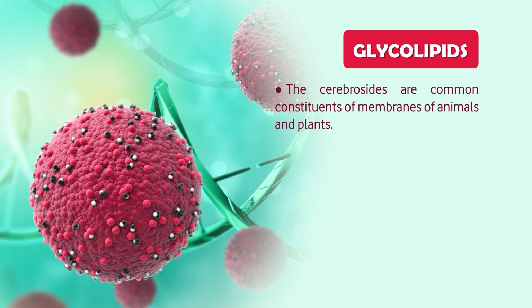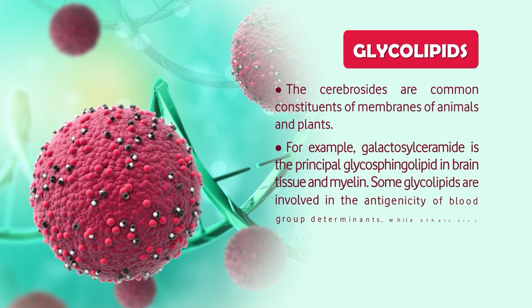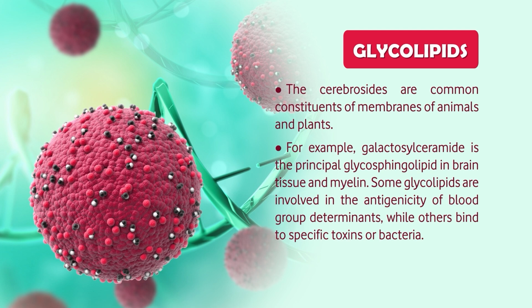Cerebrosides are common constituents of membranes of animals and plants. For example, galactosyl ceramide is the principal glycolipid in brain tissues and myelin. Some glycolipids are involved in the antigenicity of blood group determinants, while others bind to specific toxins or bacteria.